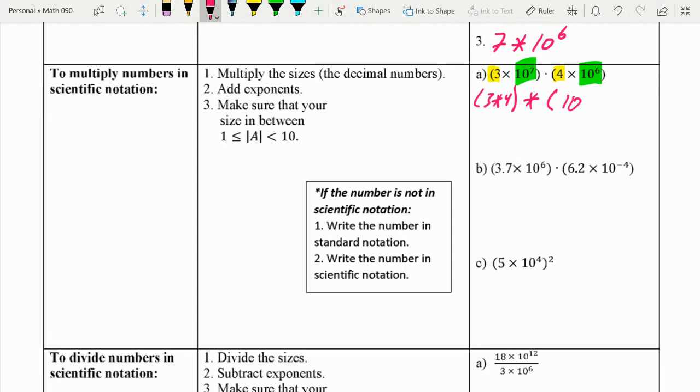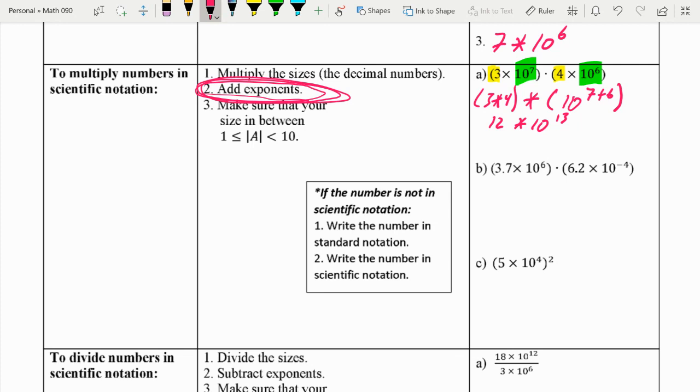Do you guys remember what to do with the exponents? You add the exponents together. So you're going to have 7 plus 6. Now, 3 times 4 gives me 12 times 10 to the 7 plus 6 is 13.